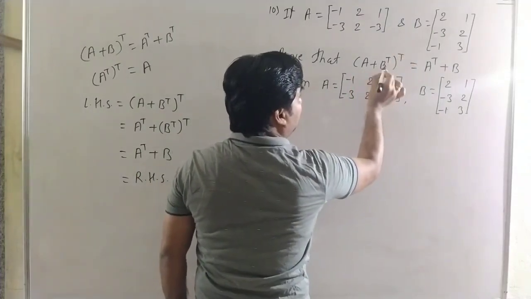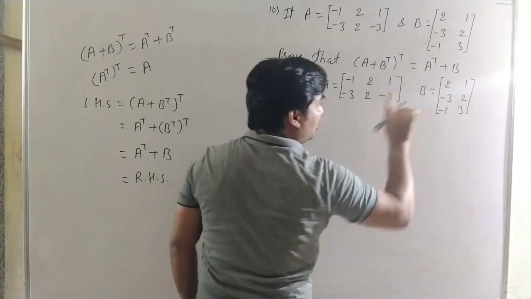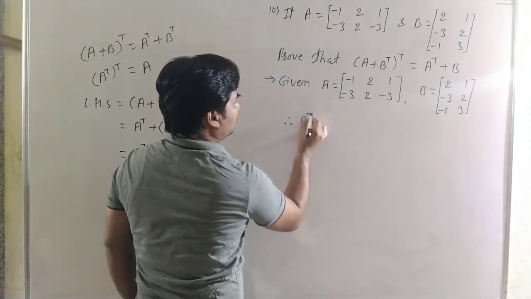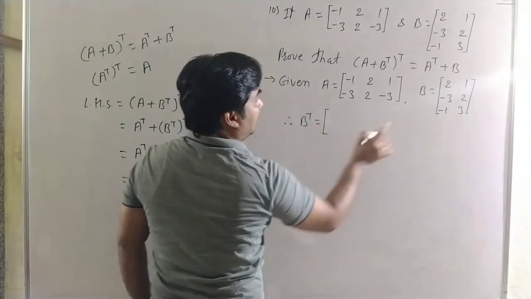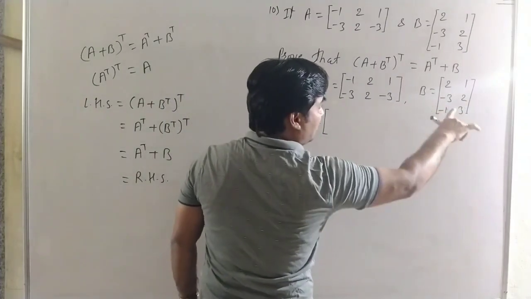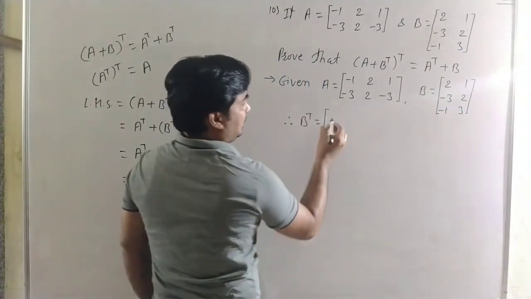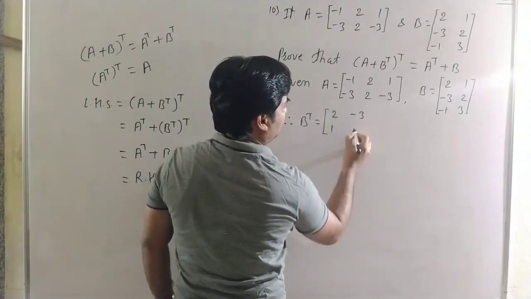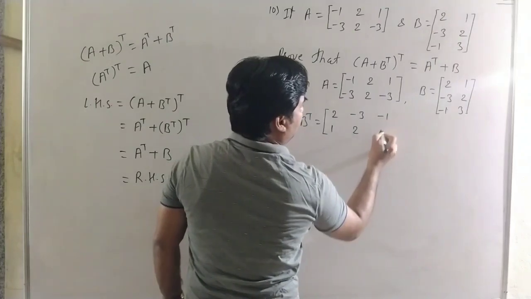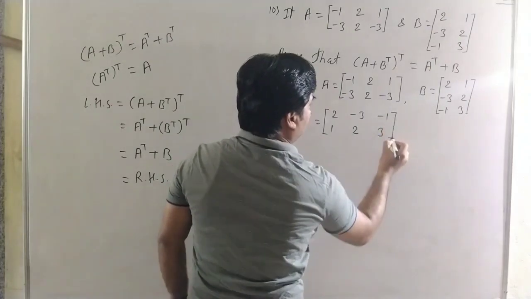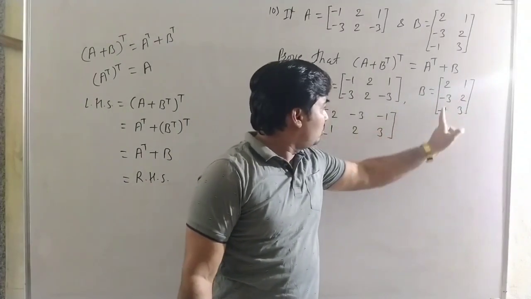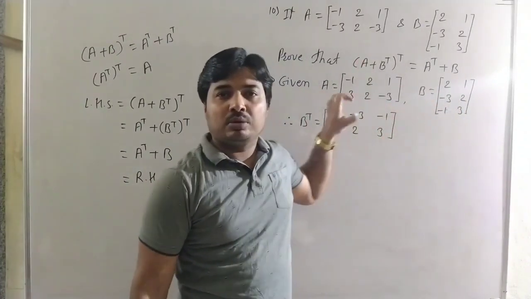Now A is given but B transpose is not given, here it is only B. Therefore first we find the B transpose of matrix B. Here B is 3 by 2, the transpose of B is 2 by 3, interchanging rows and columns. See carefully, B transpose is [2, 2, -1; 1, -3, 3]; rows become columns.